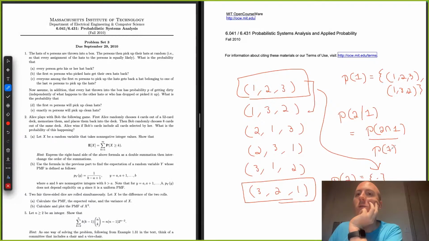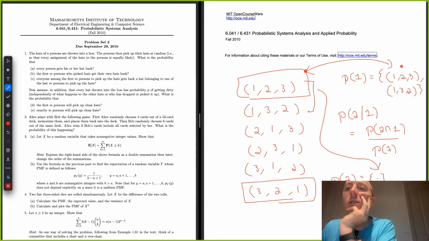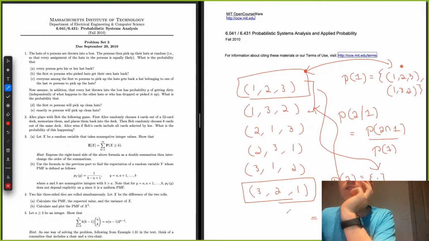When we compute the intersection of these two sets, this is the only set that survives. So the probability of 2 given 1 is equal to the intersection, which is just 1, 2, 3, over the probability of 1, which was this initial set here. So that's equal to 1/2.